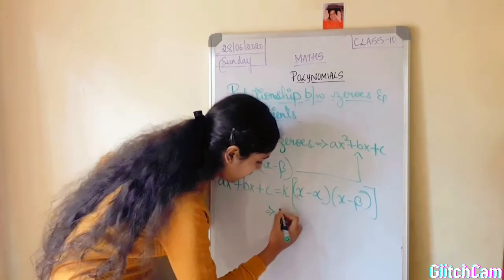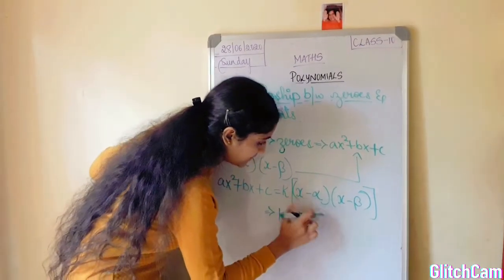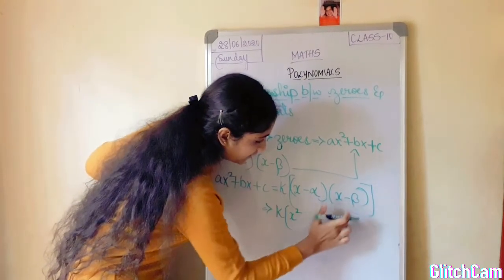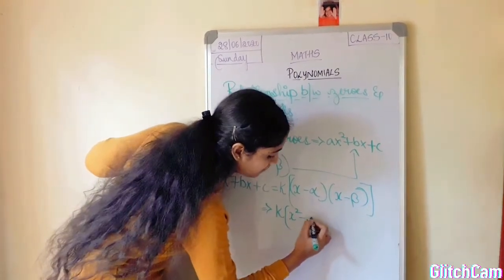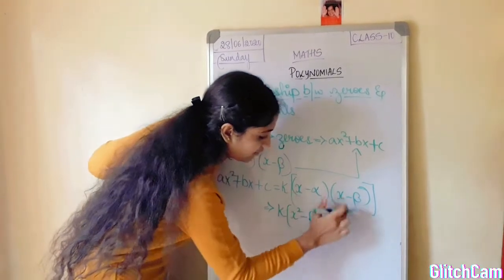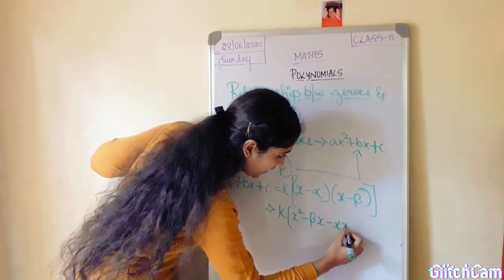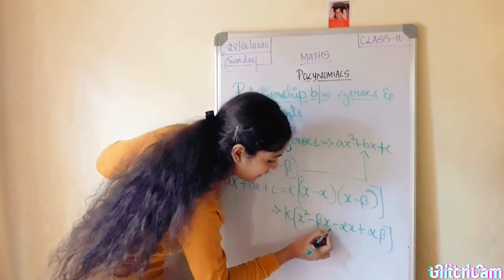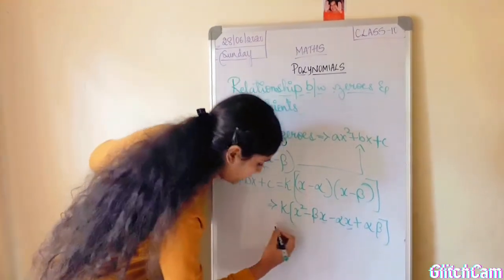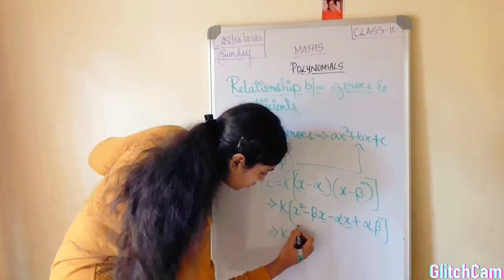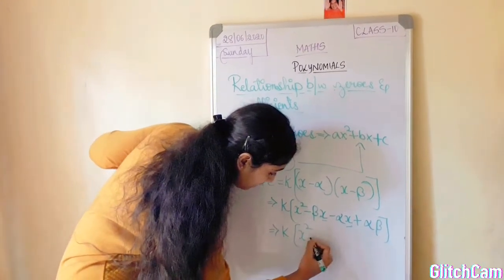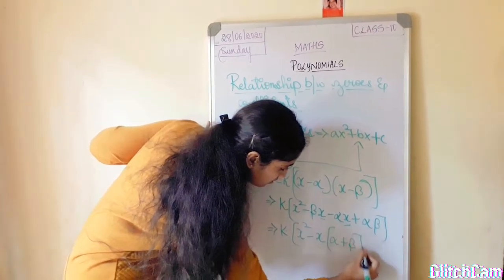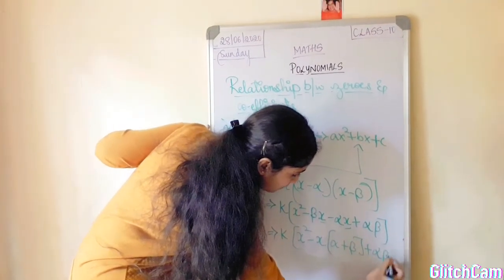Now if you simplify, you get k of x into x, x square, x into minus beta, minus beta x, minus alpha into x, minus alpha x, minus into minus plus alpha beta. Now you can observe that x and x are common among the second and third terms. So x square minus x of alpha plus beta plus alpha beta.